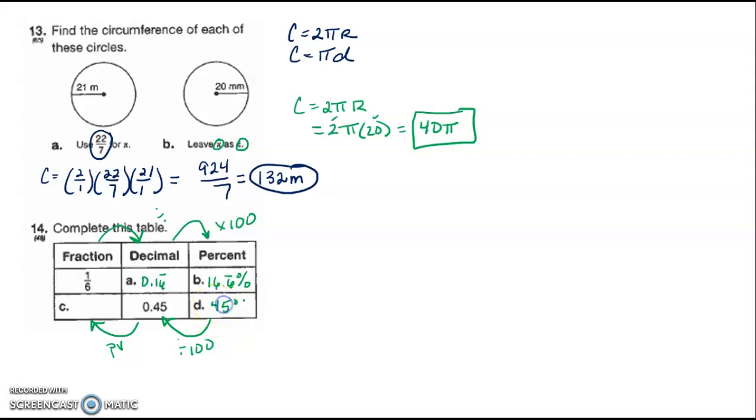This is going to be 45% because 0.45 times 100 is 45. And then this is 45 hundredths. So I'm going to divide by 5, which gives me 9 over 20. 45 divided by 5 is 9. 100 divided by 5 is 20. And that is as far as that will go.